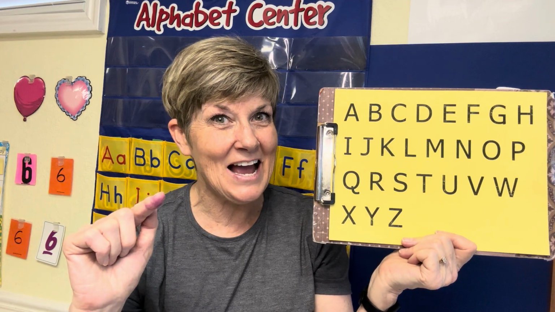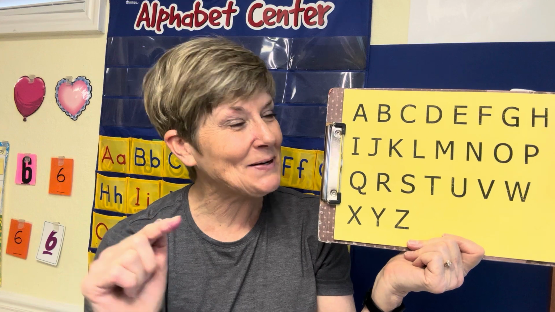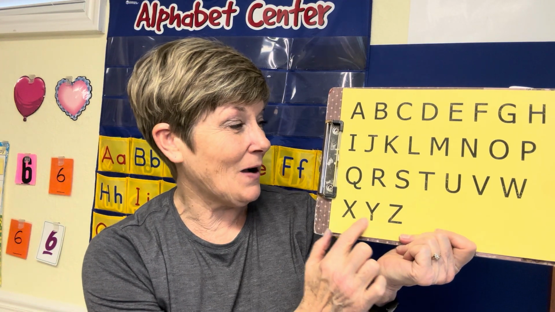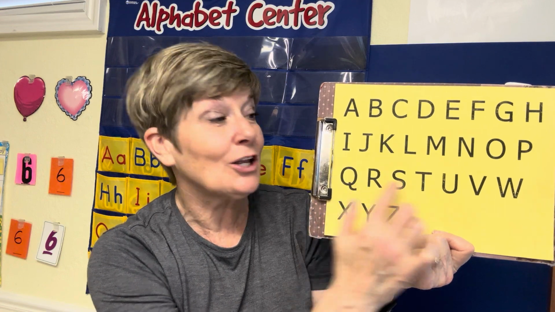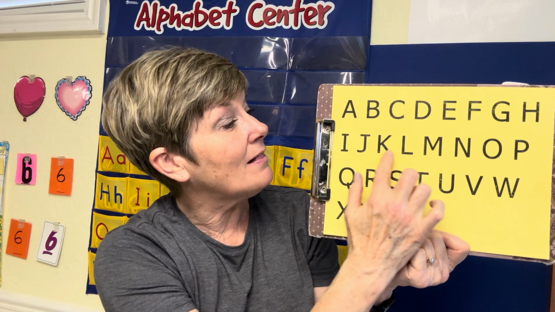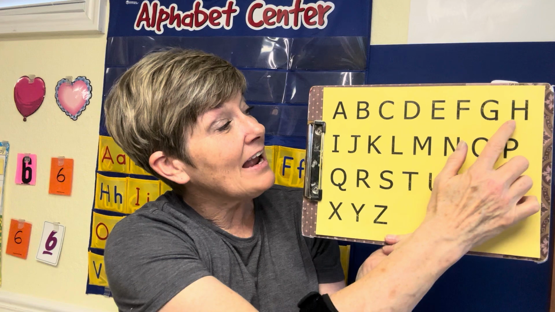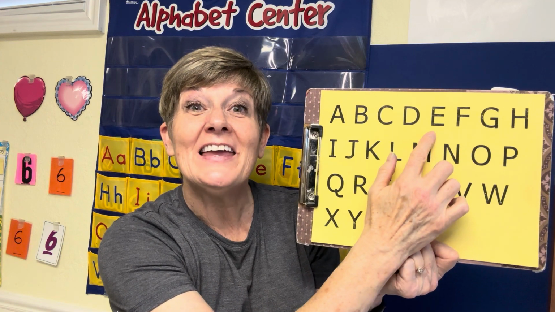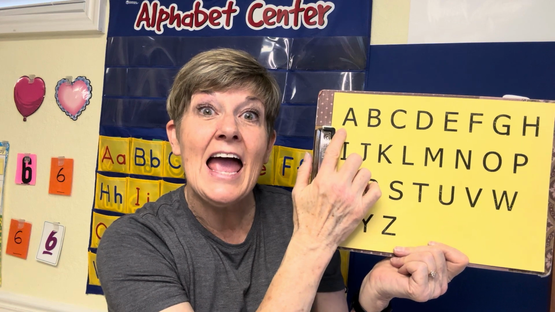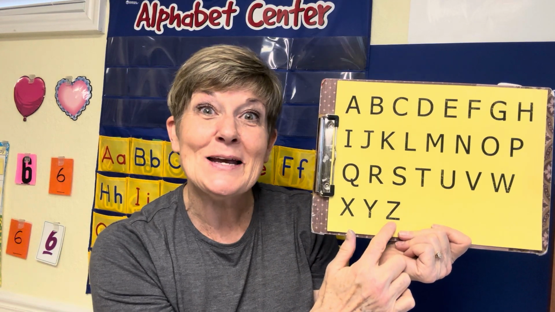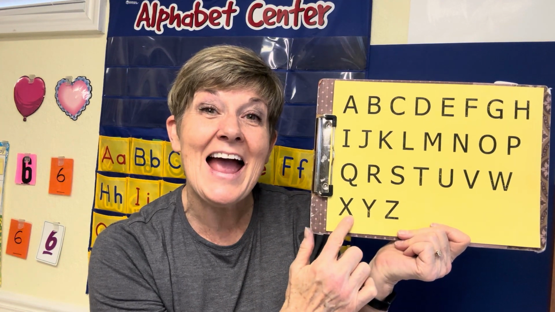Next time, won't you sing with me? It's next time. Let's do it backwards. Z, Y, X, W, V, U, T, S, R, Q, P, O, N, M, L, K, J, I, H, G, F, E, D, C, B, A. Now I know my Z, Y, X's.